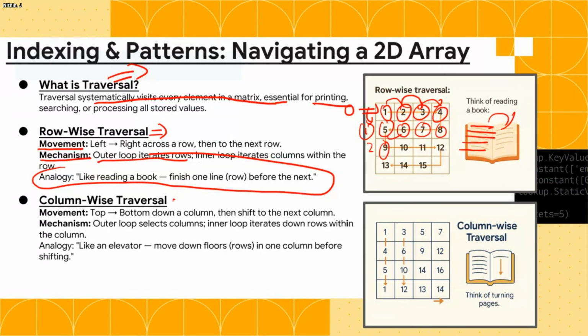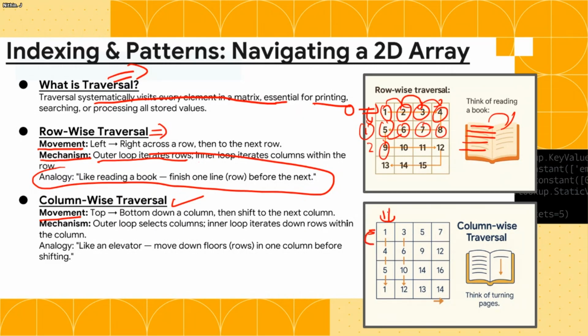And the next type of traversal is column-wise traversal. As I said, we have split it into two parts, the movement and the mechanism. In column-wise traversal, we will first access a column, then we will go down the column.